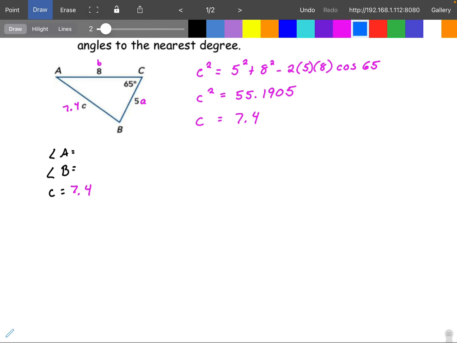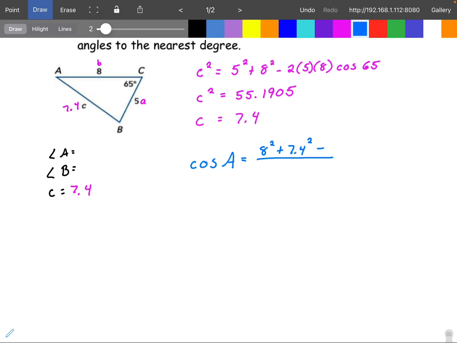If I want to find angle A, then I'm going to do cosine of angle A equals, and then remember, on the top of the fraction we take the other two sides, B and C, squared and added together. So B is 8 squared plus C is 7.4, and we have to square it.